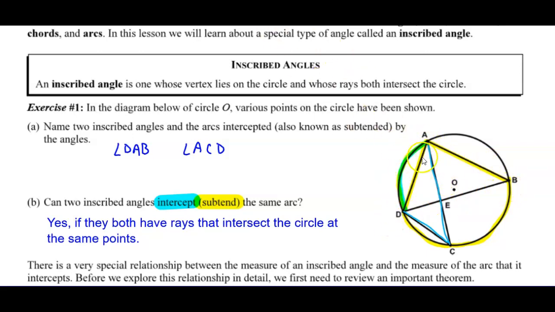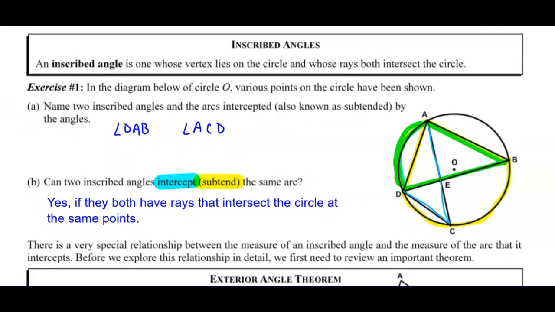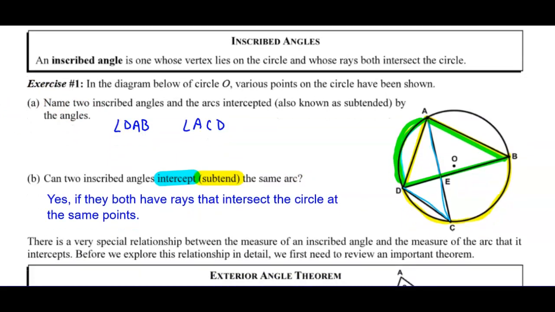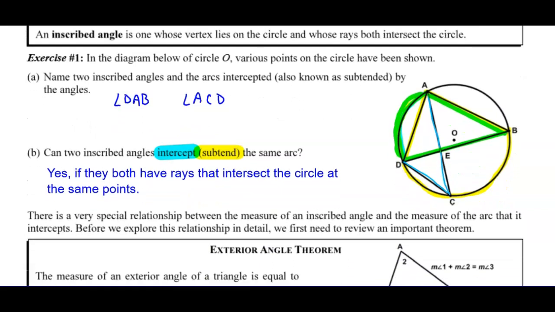So I could say angle ABD. Right, angle ABD would have the same snow cone as angle ADC does. And so it's possible for an arc to be at the endpoints of two different inscribed angles. So yes, that is a possibility. The rays of these angles will be chords in the circle, and they'll intersect at a single point.